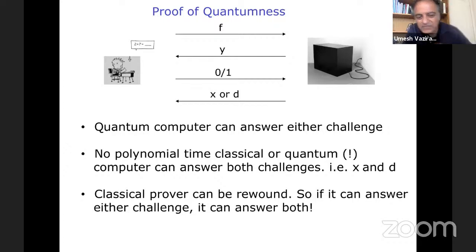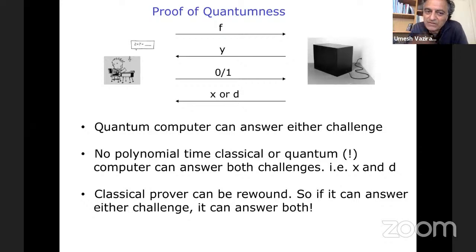Now, there's something a little bit strange here, because this second statement is symmetrical in both quantum and classical. On the other hand, we are going to claim that what this second statement implies is that no classical computer could possibly answer either of the two challenges, whichever one is asked. The reason for this is that the classical prover can be rewound.